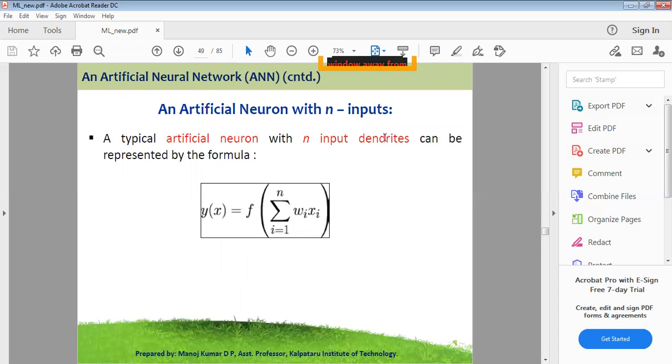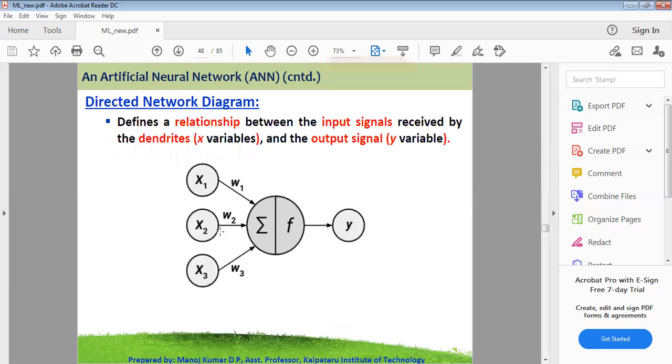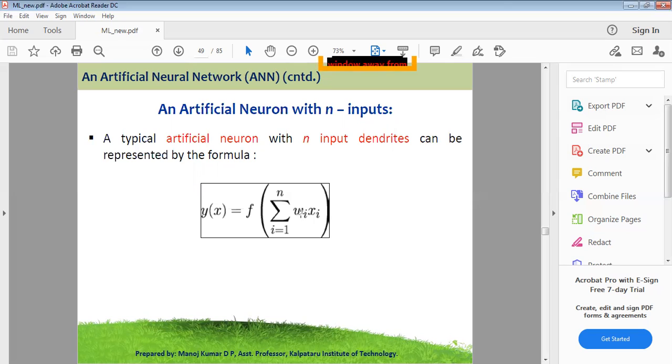An artificial neuron with n inputs can be represented by the formula sum of WiXi, where i is equal to 1 to n. What is Wi? The weight from each input. So W1X1, W2X2, W3X3, and similarly it goes up to WnXn. After all this, we take it as WiXi. Okay, so that is the input.